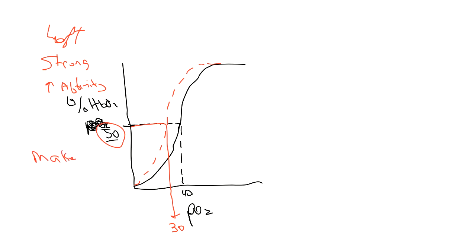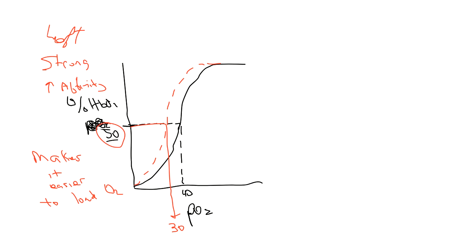It makes it easier to load oxygen. Does that make sense? It's like a strong magnet. Strong magnet, it was easier to grab the filings. Strong magnet for hemoglobin makes it easier to grab oxygen. Make sense?